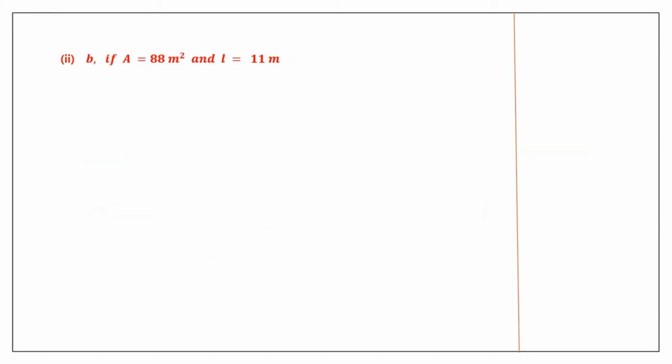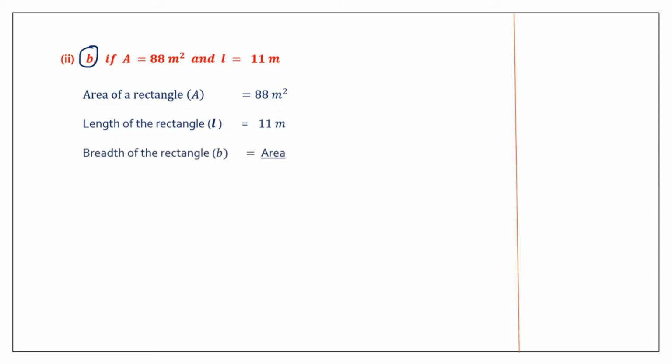The second question, we are asked to find breadth if area is equal to 88 meters square and length is equal to 11 meters. So let's write down what's given. Area of the rectangle A is 88 meters square. Length of the rectangle L is 11 meters. Now we need to find the breadth of the rectangle by using the formula area by length. So breadth is equal to area divided by length.